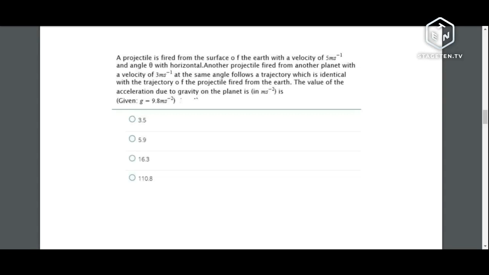G dash means the gravity of another planet over 3 square, that is u square. Now you will equate these two to get your answer. For this question, it will be 3.5 meter per second square.